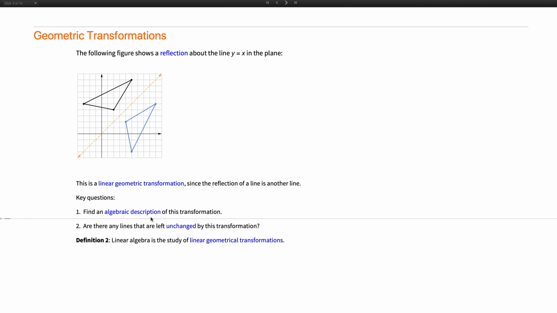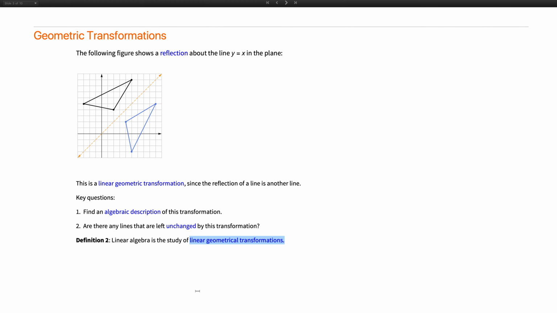Or you could ask, are there any lines that are left unchanged by the transformation? So for example, over here you can see that the line y equal to x is invariant, or unchanged, for this transformation. So some people would tell you that linear algebra is the study of linear geometrical transformations.